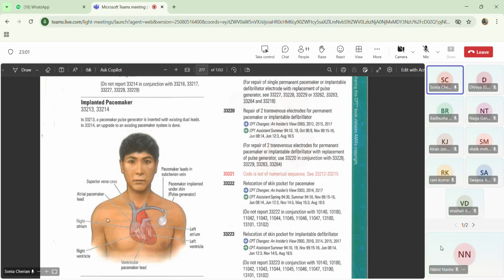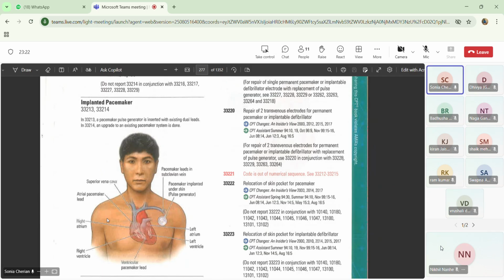What the surgeon will do is make an incision to access a vein, and once they get into the vein, they will use fluoroscopy.